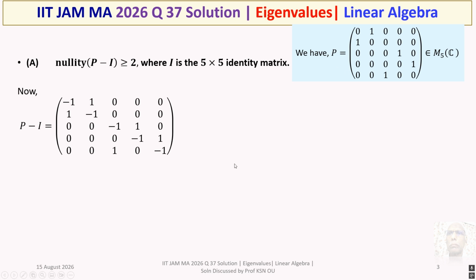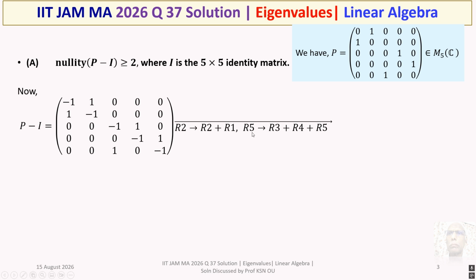Right. I have calculated P minus I. Now I want to find the rank of P minus I. So we make 2 elementary row operations on it. The first one is R2 replaced by R2 plus R1, thereby the second row becomes the 0 row.